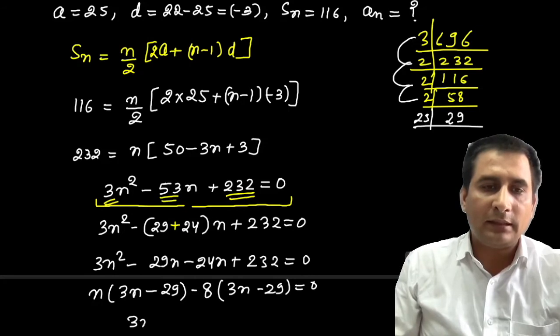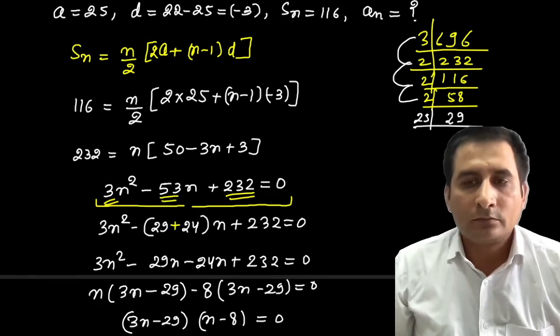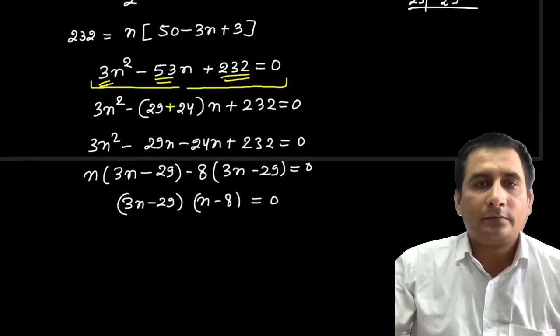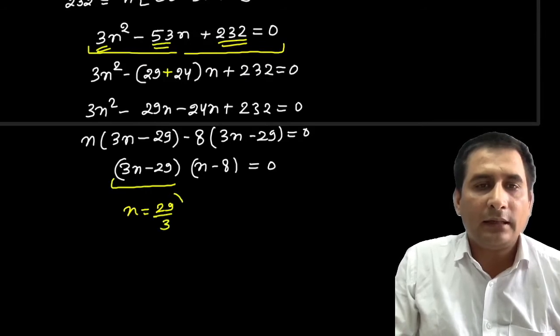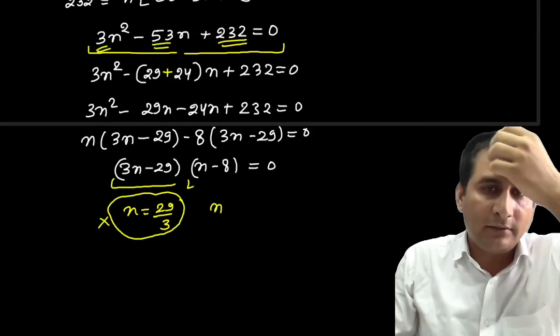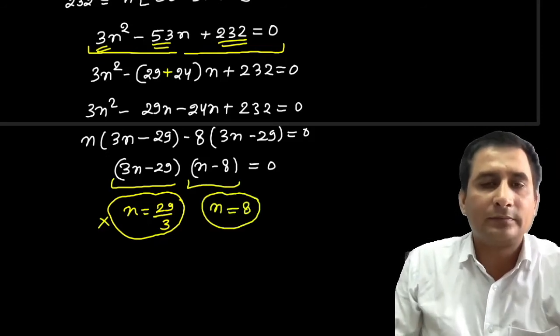So from here we get 3n minus 29 and n minus 8 equal to 0. Now from here, what's the value of n? It's 29 by 3. n can never be in decimal form. And from here we got n is equal to 8. So n is 8 in this case, right?